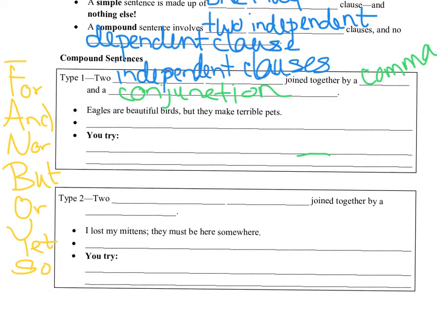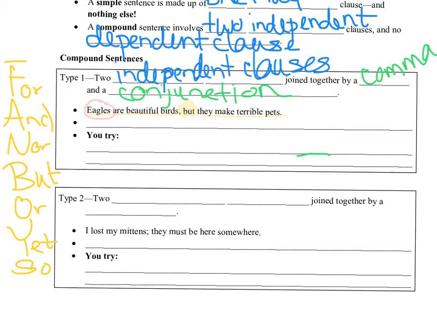Yes, we have a comma, and yes, we have a conjunction. It's the B in FANBOYS, but. Now, are both parts of my sentence, what comes before the conjunction and what comes after the conjunction, independent clauses? And yes, they are. I have a subject, which is eagles.